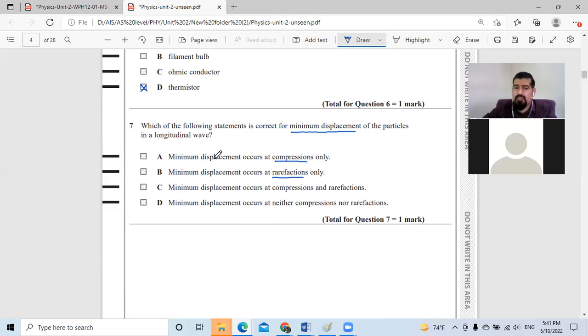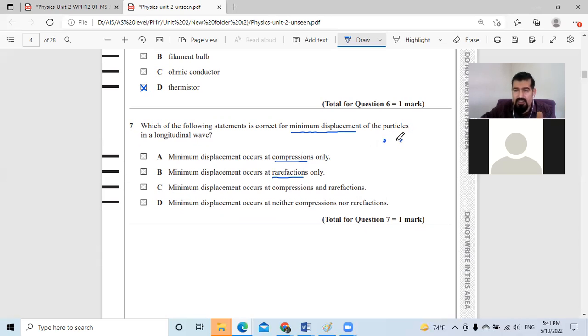Actually, maximum displacement is at compression and rarefaction. Minimum displacement occurs at neither? Now, minimum displacement occurs at compressions and rarefactions. At the center of compression and at the center of rarefaction, there is minimum displacement.